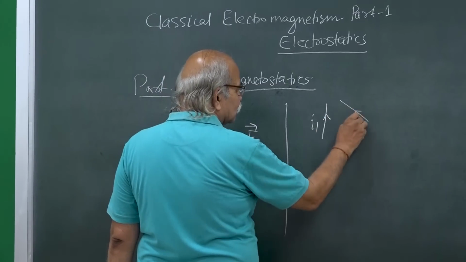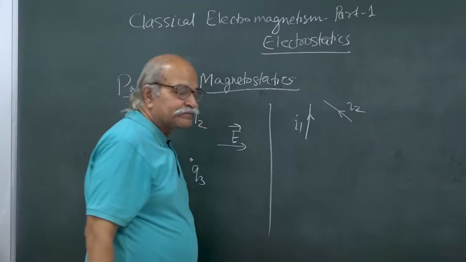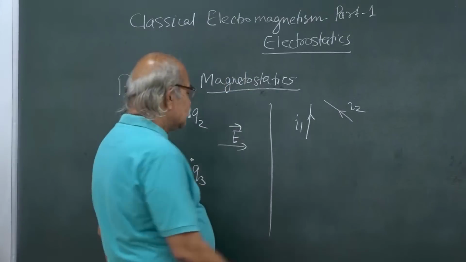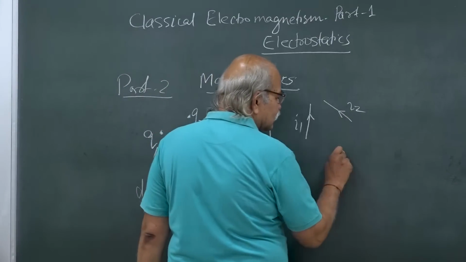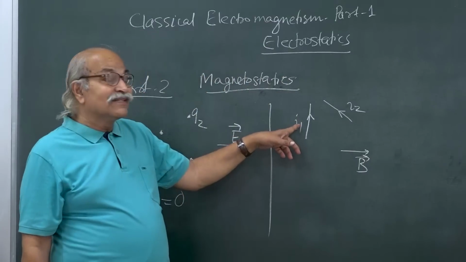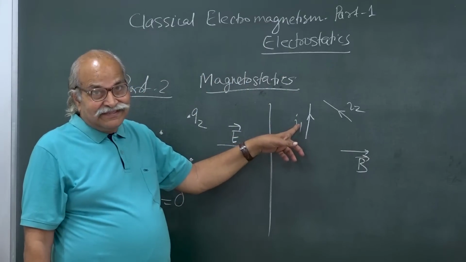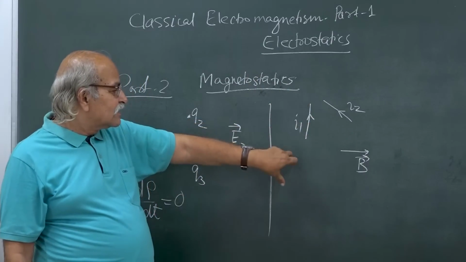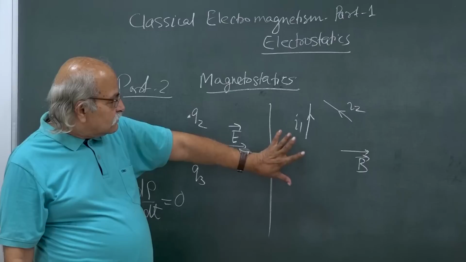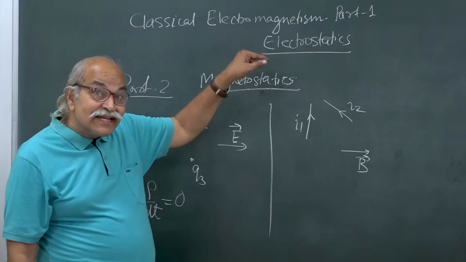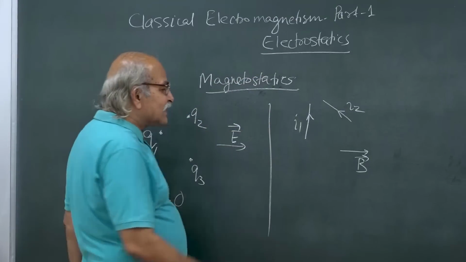Now, here in magnetostatics you have currents, I1, I2, different currents, and these currents produce magnetic field. So, this is E, and then these produce magnetic field, and if these currents are not changing with time, in the same wire or same material in which the current is going, the magnitude of the current and the direction of the current do not change with time, we call it steady current.